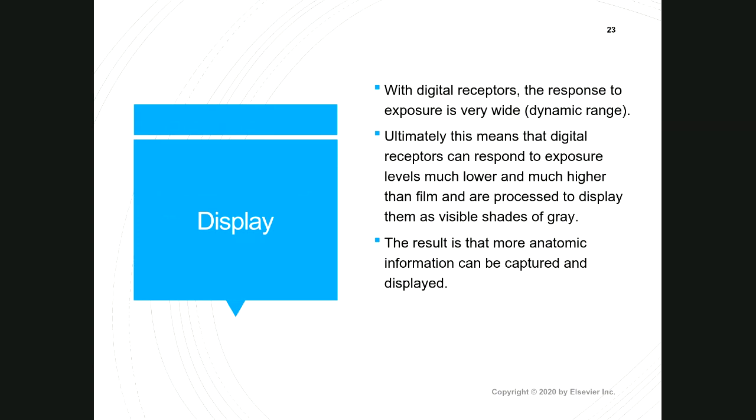And then with the digital receptor, their response to exposure is very wide. We've said in the past that it has a wide dynamic range, meaning the range of exposure intensities that the IR can respond to and use is huge. So ultimately, what that means is that the digital receptor can respond to exposure levels much lower and much higher than film could, and they get processed to display them as visible shades of gray.